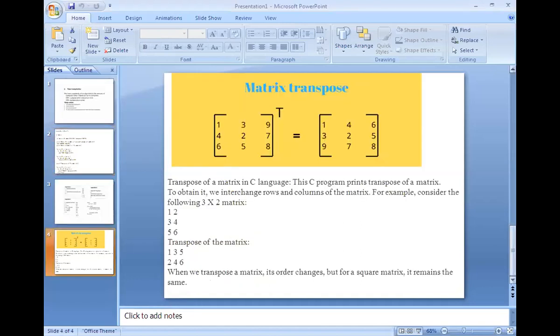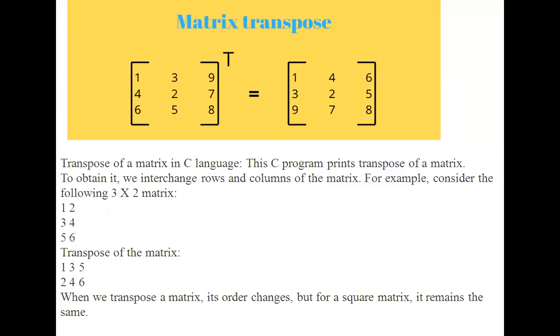You already know about this. So how do we analyze the algorithm by frequency count method? Here, transpose of a matrix is just to interchange the rows and columns. Okay, you know that, just interchange the rows and columns.